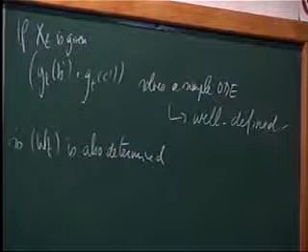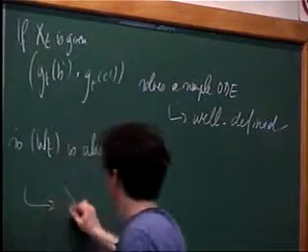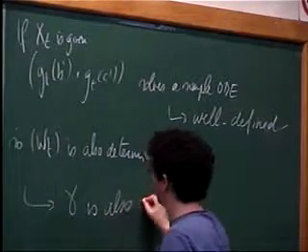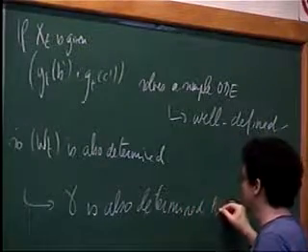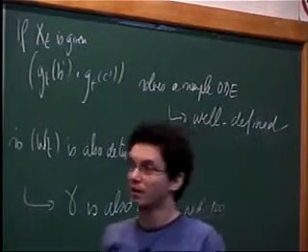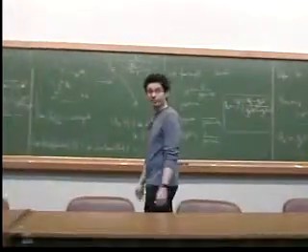So if wt is determined, that means that you know gamma. So this was a very slow justification of the fact that if you know the function t gives xt, you know the entire curve gamma.